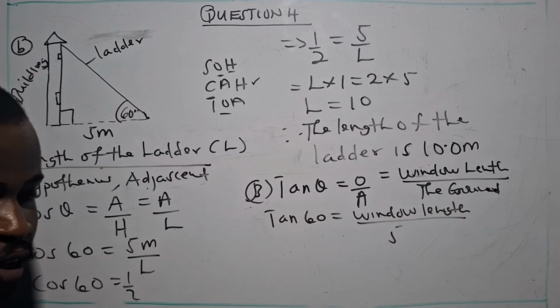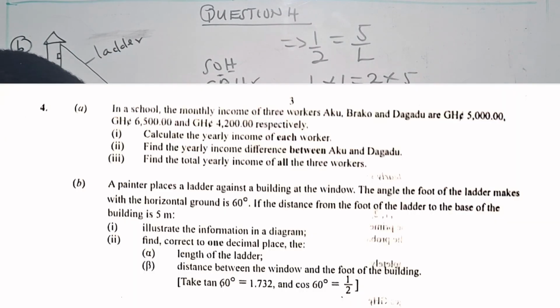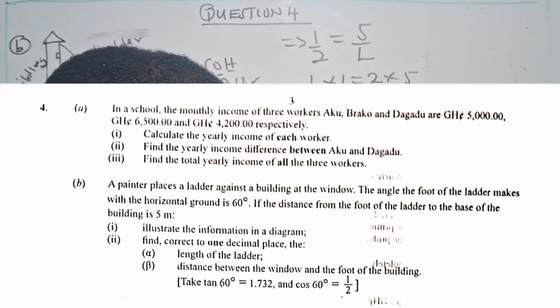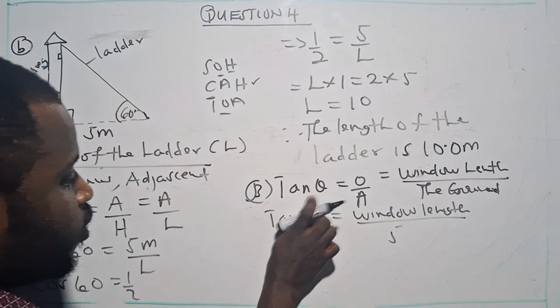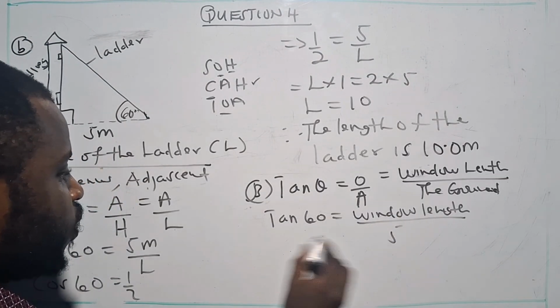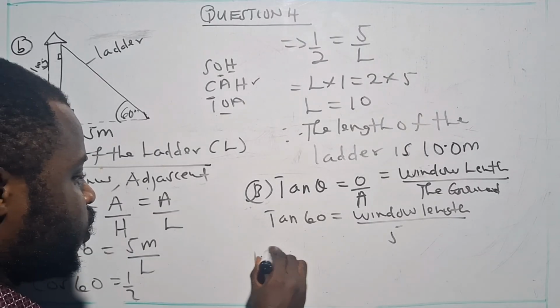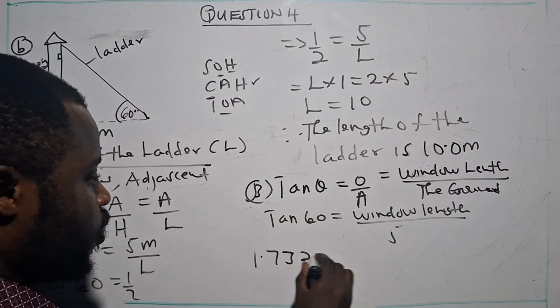But here tan 60 was given in the question as 1.732. Yes, so it was given as 1.732.